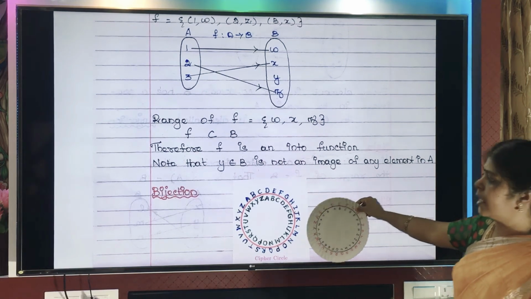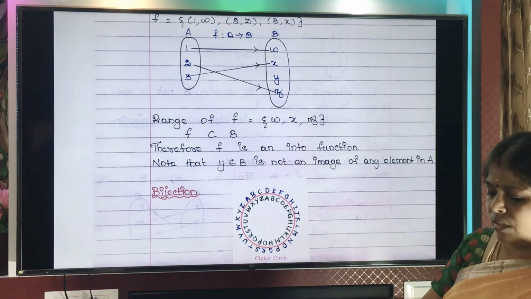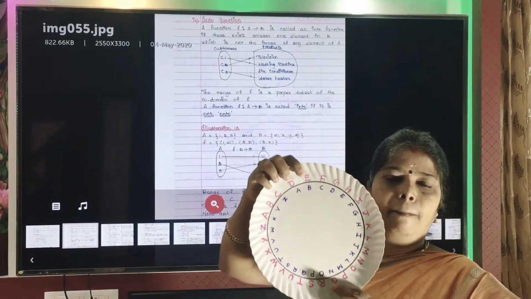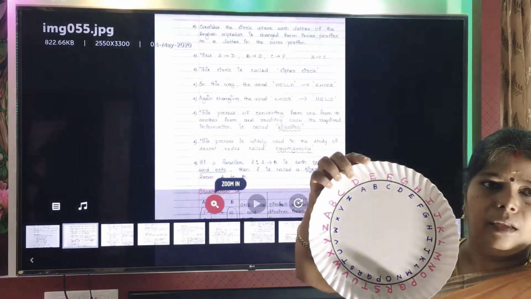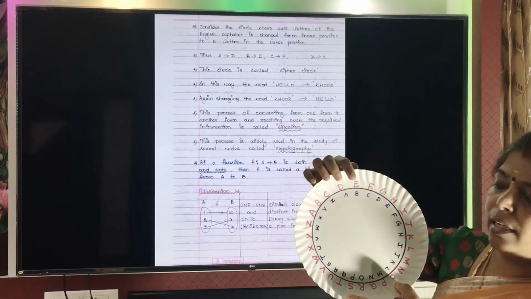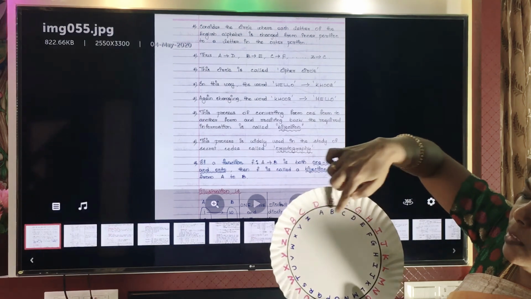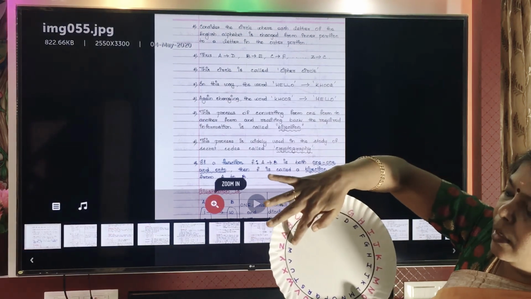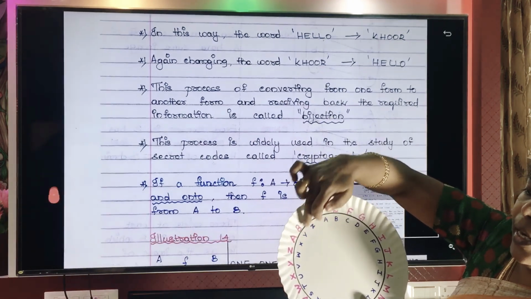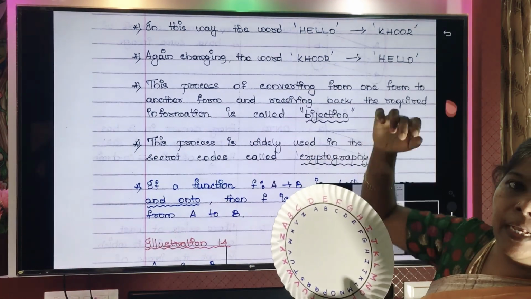Let us try to understand what they are trying to say. See children, there is a circle. Can you see this? Inside I have written the letters in blue color and outside I have written them in pink color.